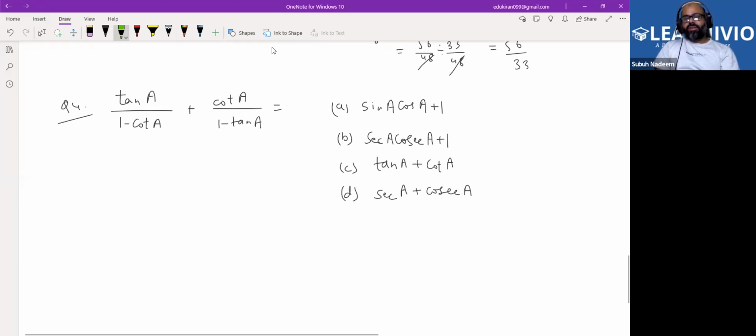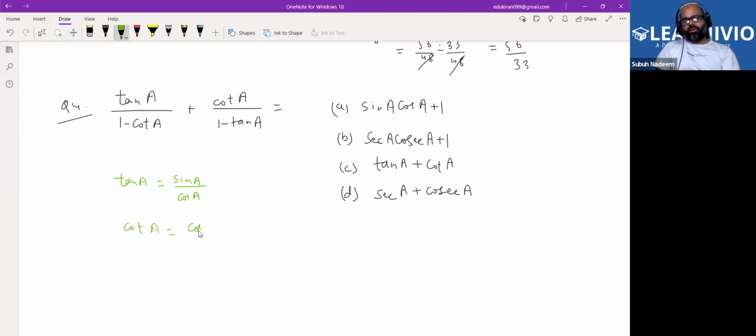So what is the first thing which you are doing here? Changing cot into tan. Okay, but the answer most probably shouldn't be taken that way. Can you take tan A everywhere as sine A by cos A and cot A as cos A by sine A?